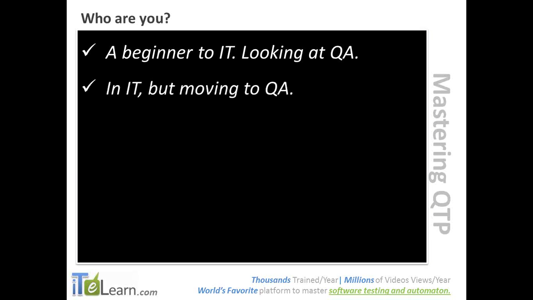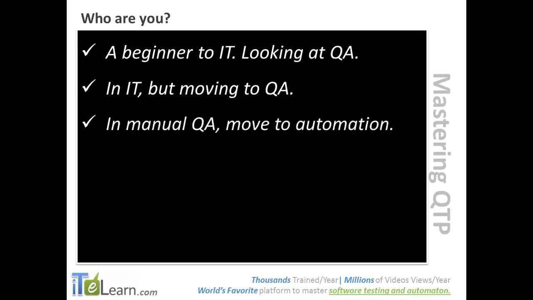You could be someone who's beginning into IT or looking at QA. You realize that the QA market is very crowded, and that to get in you need something more than just manual software testing, because there are thousands of people with that skill. And what is that special skill? That skill becomes QTP.